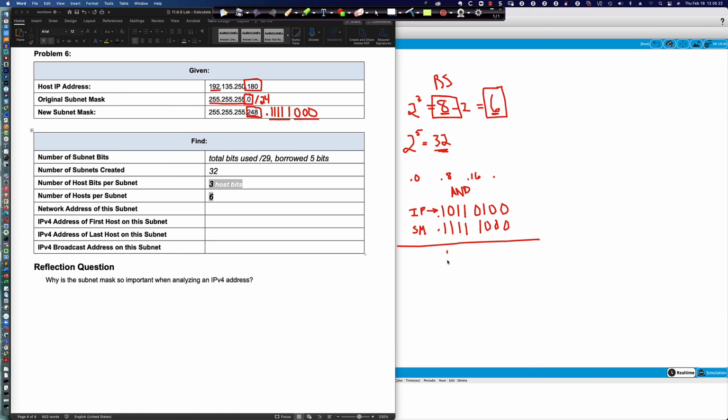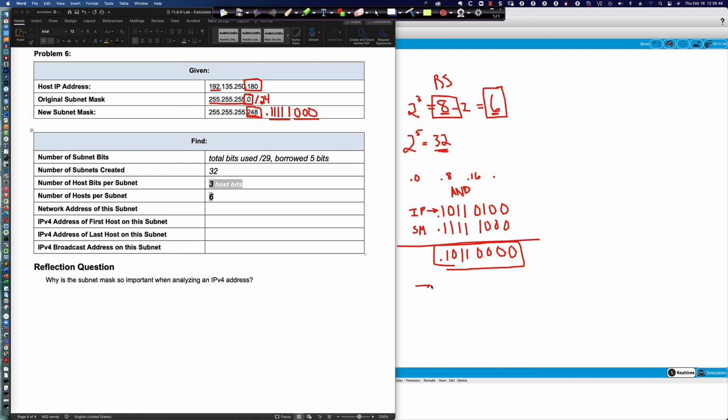So 1 and 1 is 1, 1 and 0, 0. 1 and 1, 1 and 1, 0, 0, 0, 0. And now we have in binary that magic number we're looking for, which is the last octet, which is going to be this network ID, the network address of the subnet.